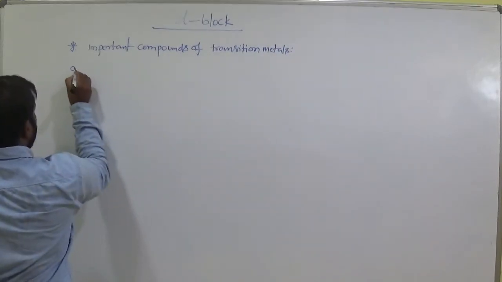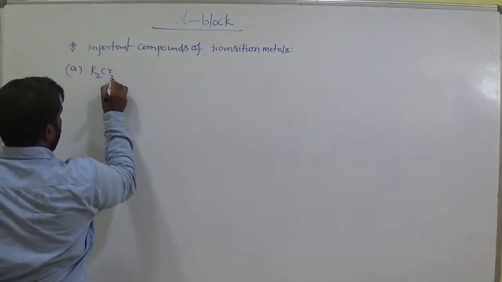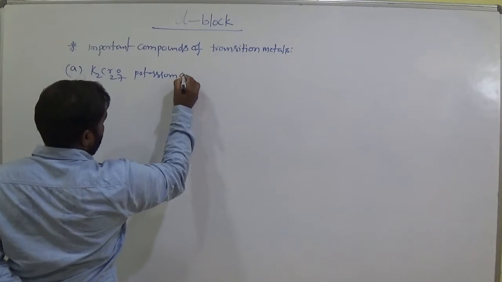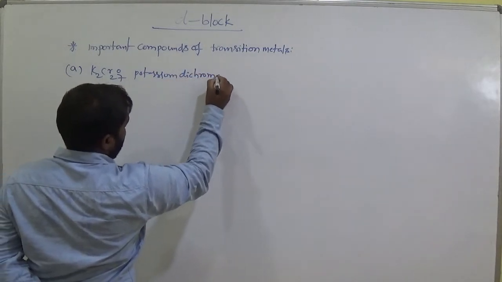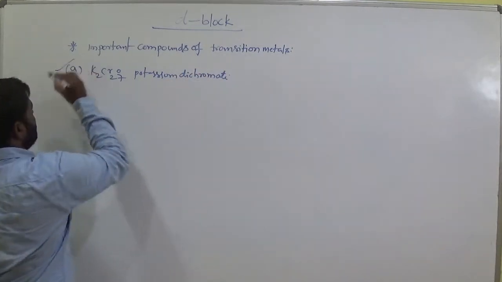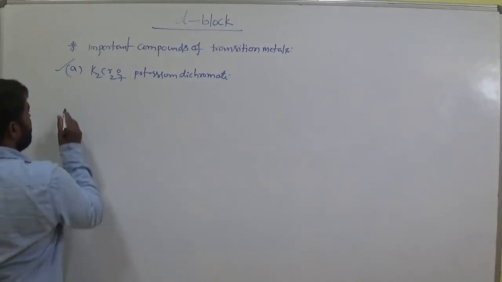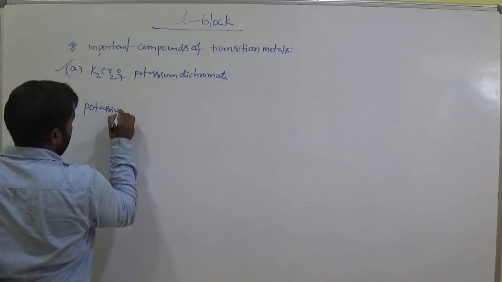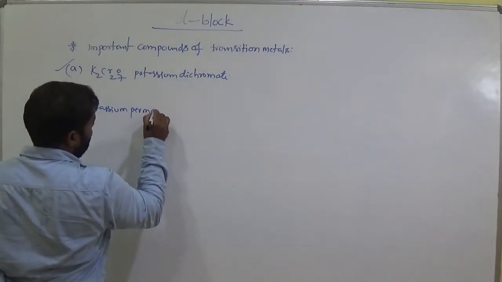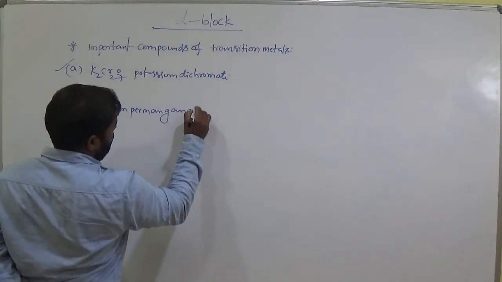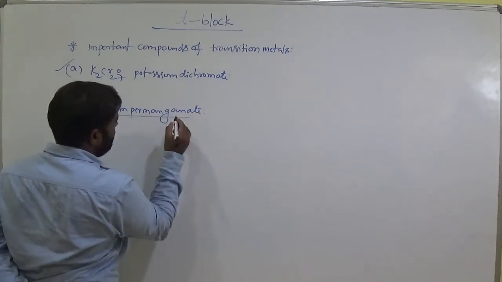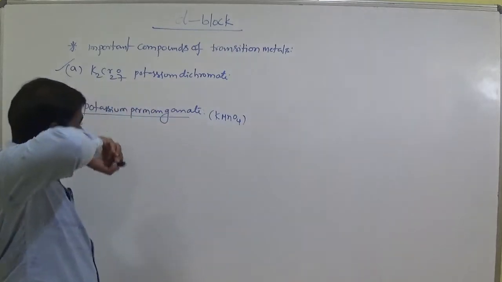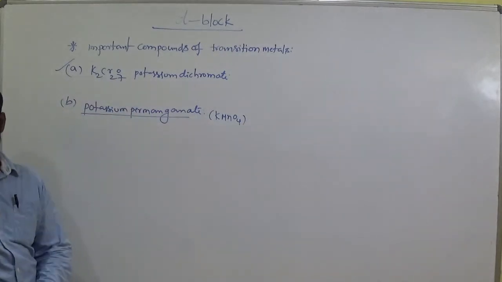In that, one is potassium dichromate, so we completed this in the previous class, and the second one is potassium permanganate. KMnO4, potassium permanganate.